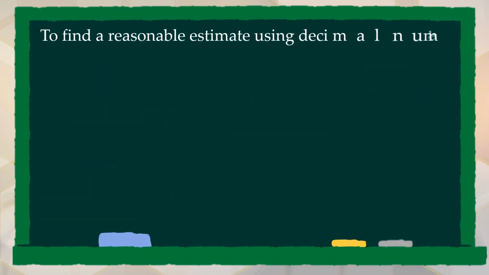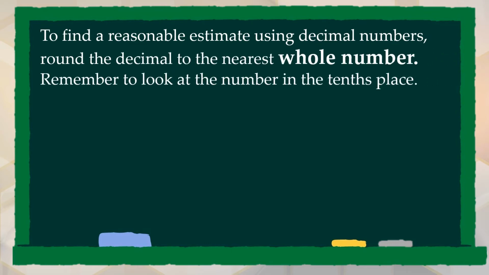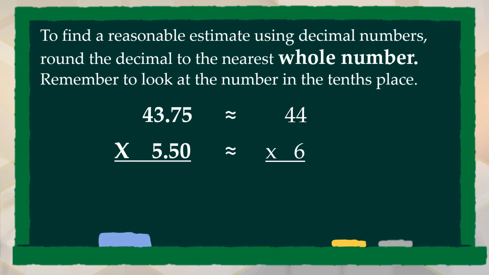To find a reasonable estimate using decimal numbers, round the decimal to the nearest whole number. Remember to look at the number in the tens place. In the problem given, to find the estimated money John spent for the rice, let us first round off the factors. So, 43 and 75 hundredths is approximately equal to 44, while 5 and 50 hundredths is approximately equal to 6.